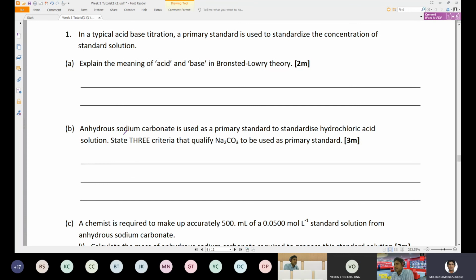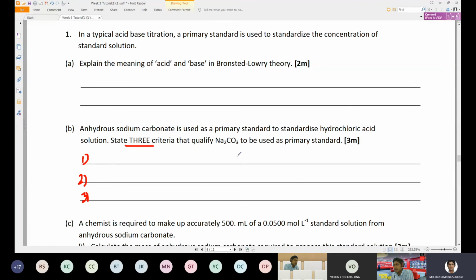This question asked 1B, anhydrous sodium carbonate is used as a primary standard to standardize a hydrochloric acid. 3 criteria is asked, so when it points out the 3 criteria, please write 1, 2, 3, point out 3 and then write to get the full marks.